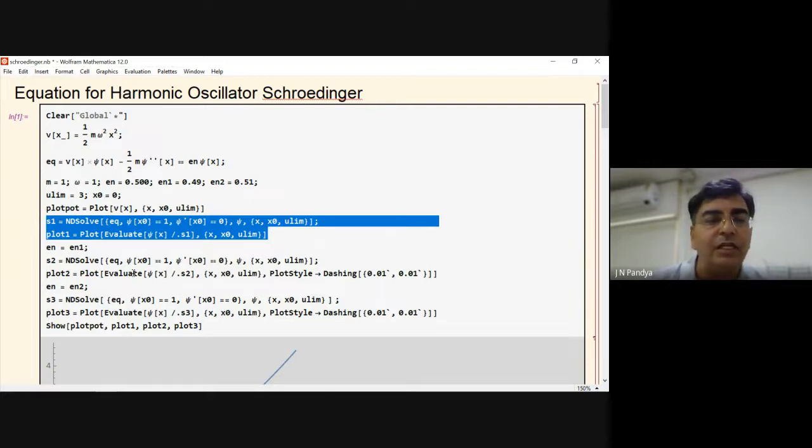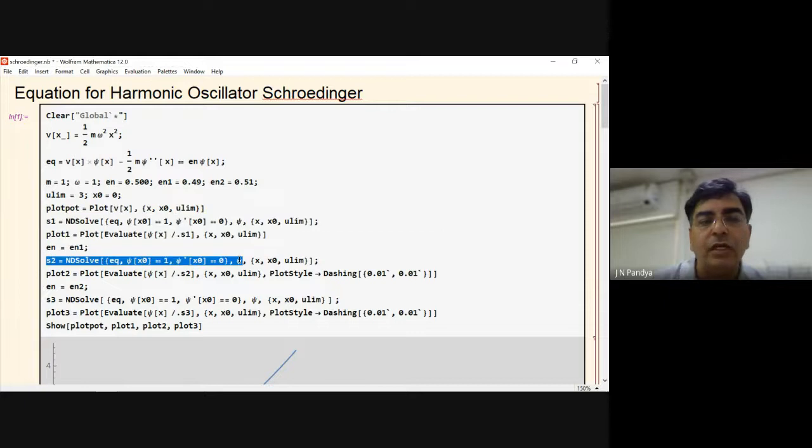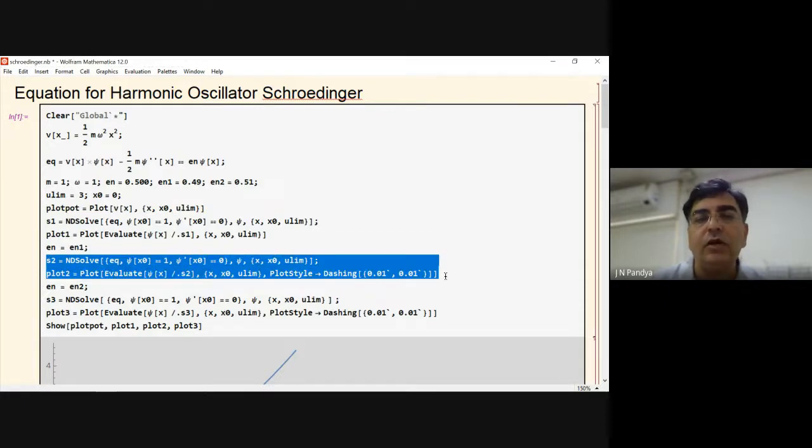The same thing is shown here. Look, this S1 and S2 have got only one difference. Only one difference. What? Anybody? What is the difference between S1 and S2? And for that matter, S3? Anyone? What are the things that you are observing?